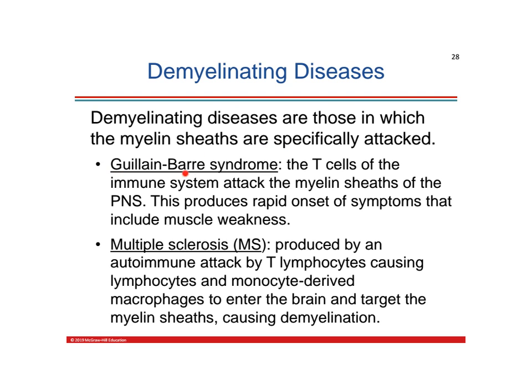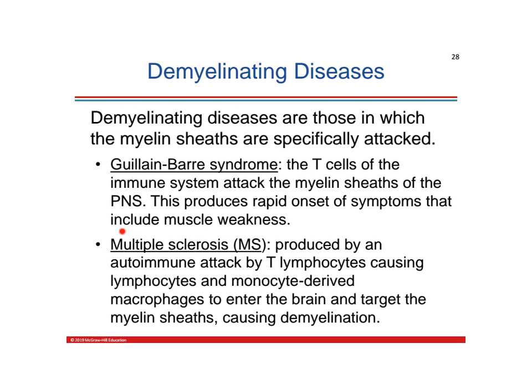For example, there's Guillain-Barré syndrome. T cells of the immune system attack the myelin sheaths of the PNS. This produces rapid onset of symptoms that include muscle weakness. So essentially, the nerve signals are not traveling from the central nervous system to the periphery, and this leads to this problem of muscle weakness.